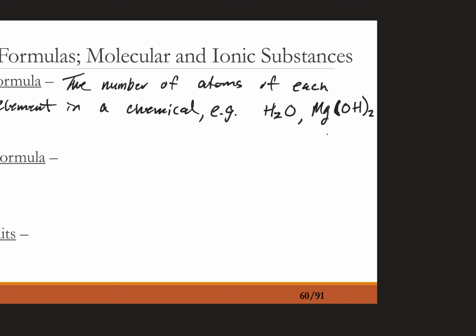We'll leave out the ones because otherwise, if there wasn't at least one, it wouldn't be in the formula. Magnesium hydroxide, on the other hand, has 1 magnesium, and then it has 2 full groups of this OH unit. So in a sense, the 2 is applied or multiplied to the oxygen and to the hydrogen.